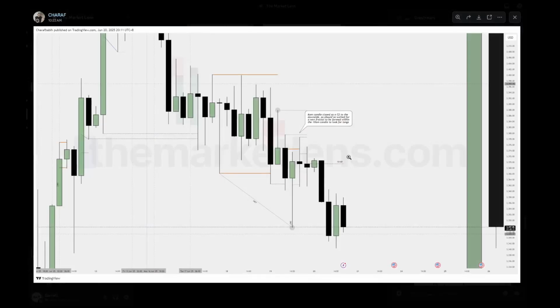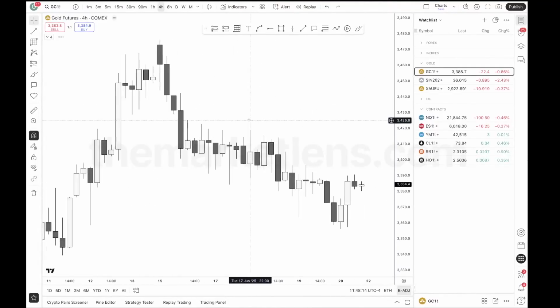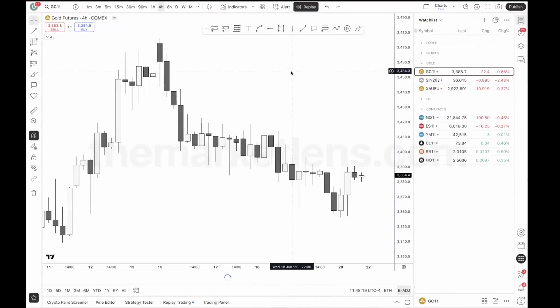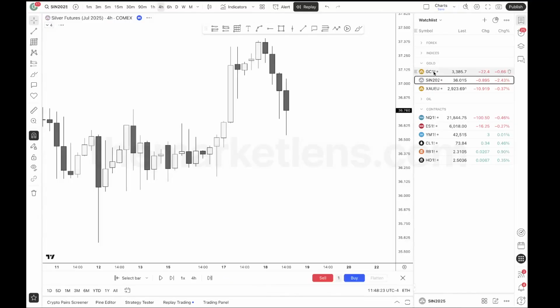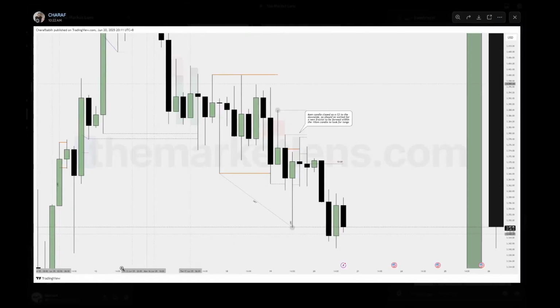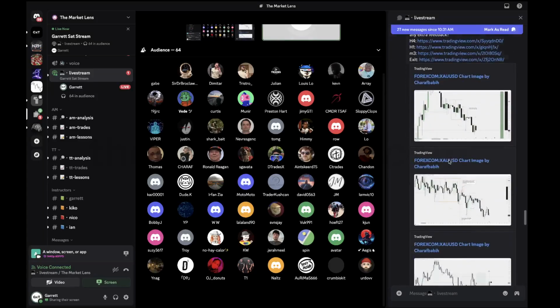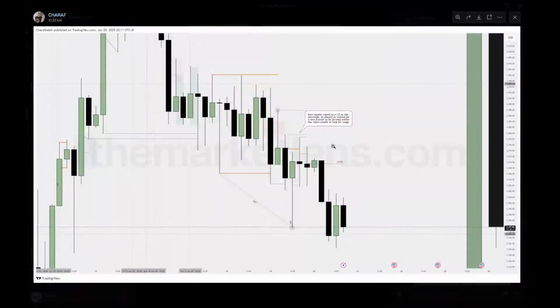What time frame is this? 4 hour? Maybe this is silver. No, I have no idea, dude. I'm not going to lie, I cannot find it. It doesn't say what asset this is, unless I'm just blind. Oh, okay, it's gold. Okay, I see. I'm trying to find it though.